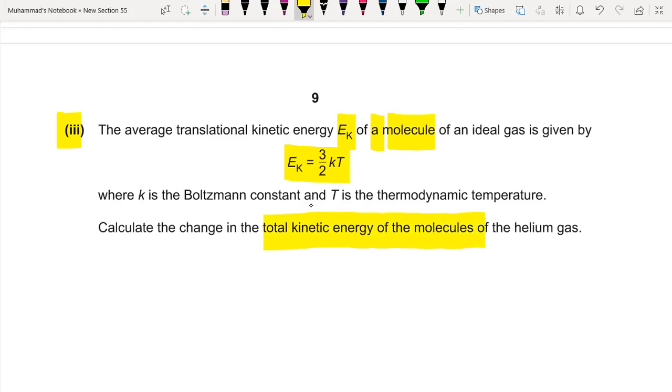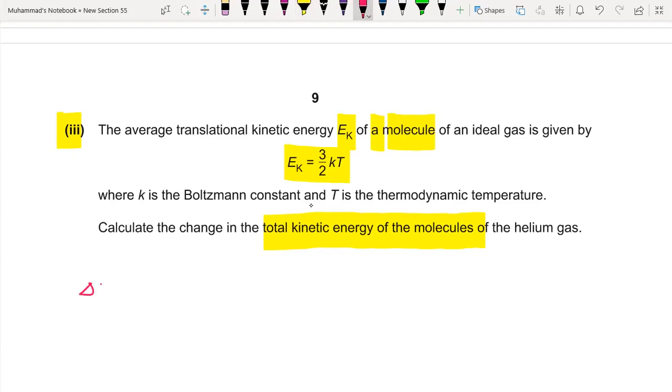So we know that average kinetic energy of an ideal gas is given by 3/2 kT, and there is no potential energy in case of an ideal gas. We ignore it, there is no force between the molecules, so the potential energy of an ideal gas is 0.